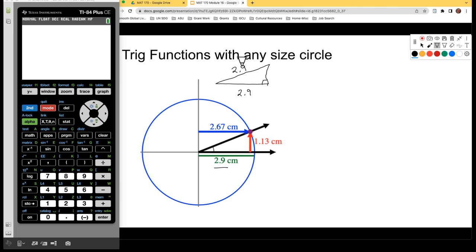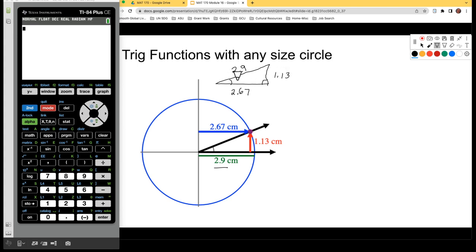Okay, so maybe this picture is a little difficult to see. The x-coordinate down here is from this point here, if we came straight down, so that's 2.67. And then the y value of this point, 1.13, is the side over here, which would be the opposite side.